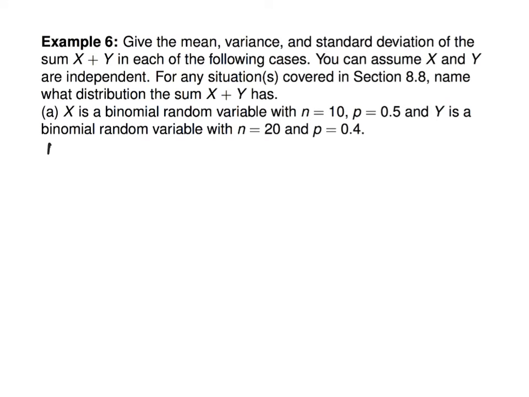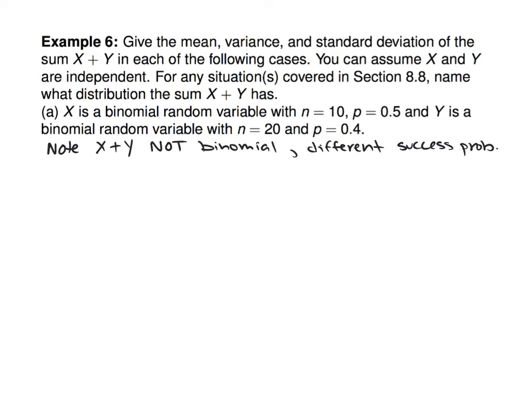So just at the top you can note that x plus y is not binomial, and the reason is that there are different success probabilities. But we can still find the mean, variance, and standard deviation, in that order.